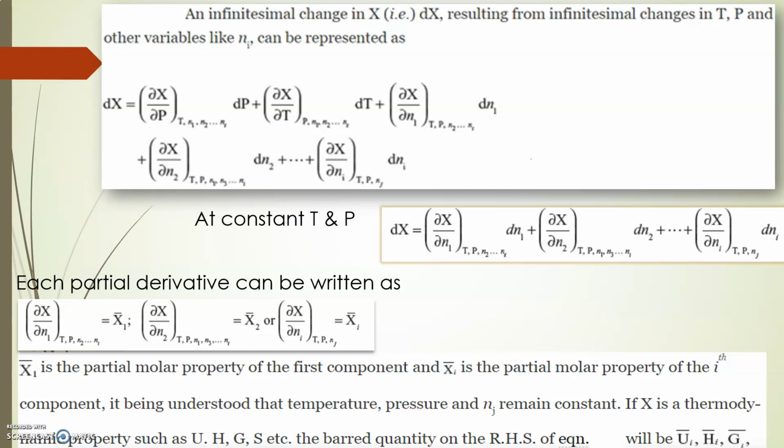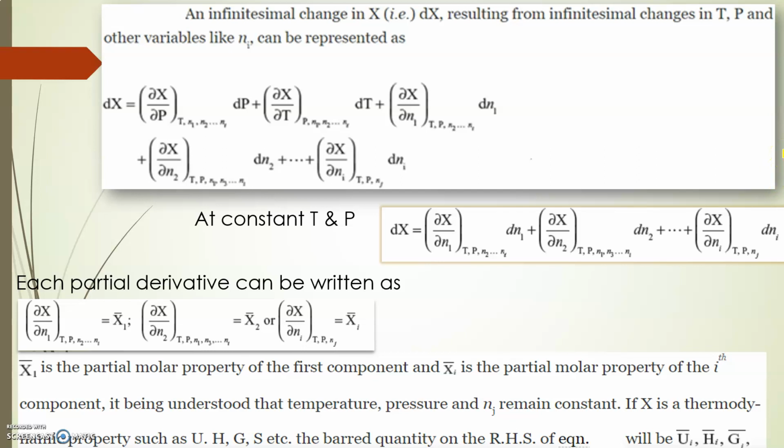In addition to it is the del X by del T at constant pressure, N1, N2 up till Ni, into dT, plus del X by del Ni at constant temperature, pressure.